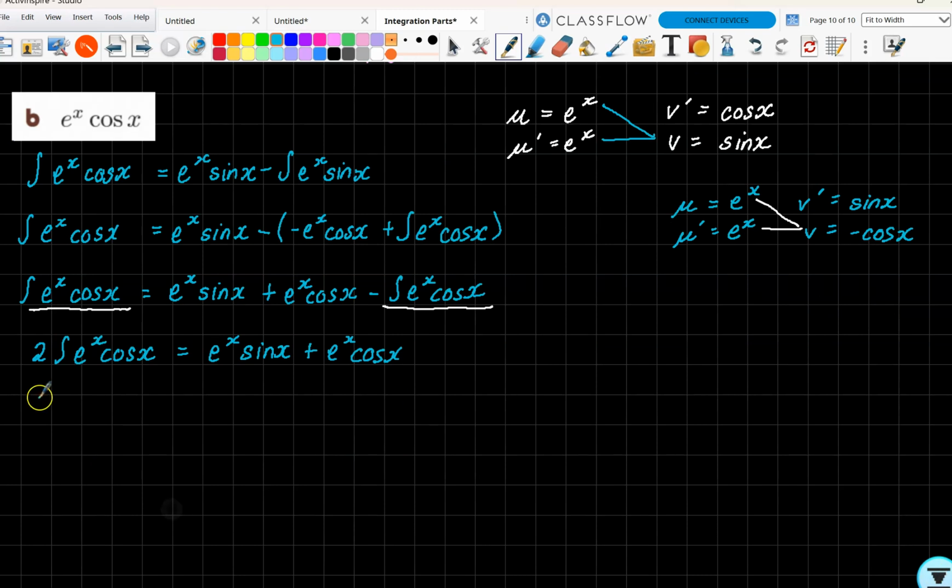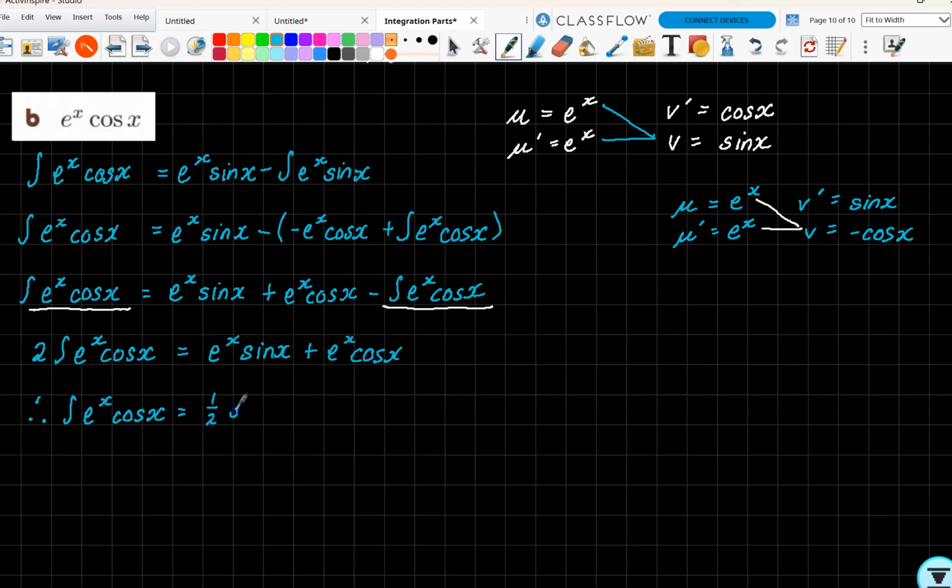And here we go. Therefore, I wanted the integral of just e to the x cos x. So to get rid of that times 2, we are going to divide by 2. Okay, so that's going to be a half e to the x. Oh, actually, we'll pull out the e to the x like we did before, because we've got them in both.